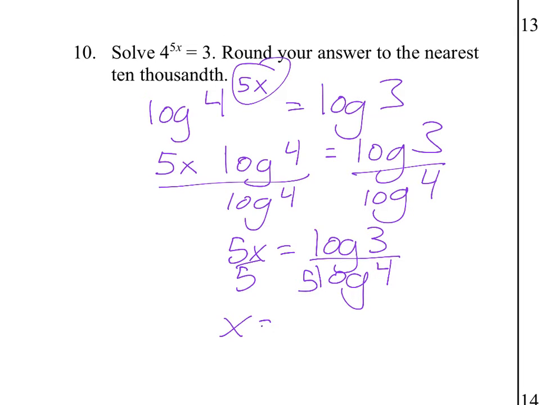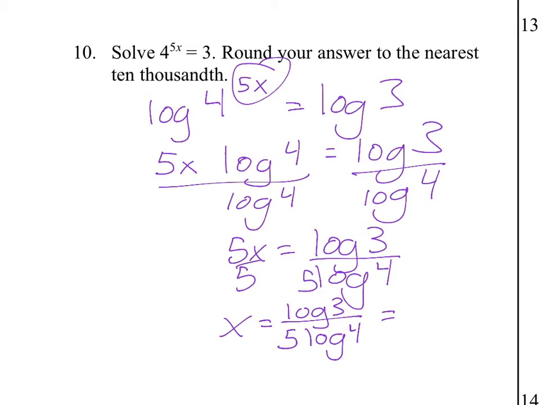So x is equal to log 3 over 5 log 4. I can put this in my calculator. And I have log 3, close parenthesis, divided by, oops, this has to be in parentheses.